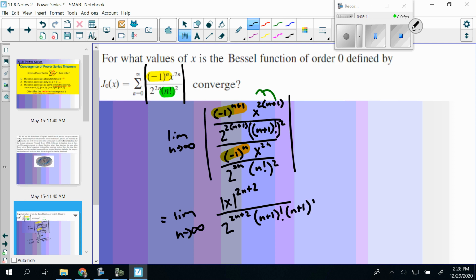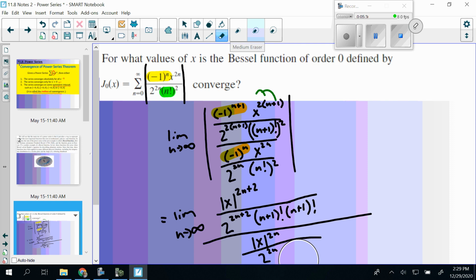I'm going to write it out as 2 since it's squared. All right, on the bottom of that, our alternating term there is going to go to 1 again. We got absolute value of 2 to the n over 2 to the 2n, and we got n factorial squared. So that just means really here we're going to have an n factorial and another n factorial.